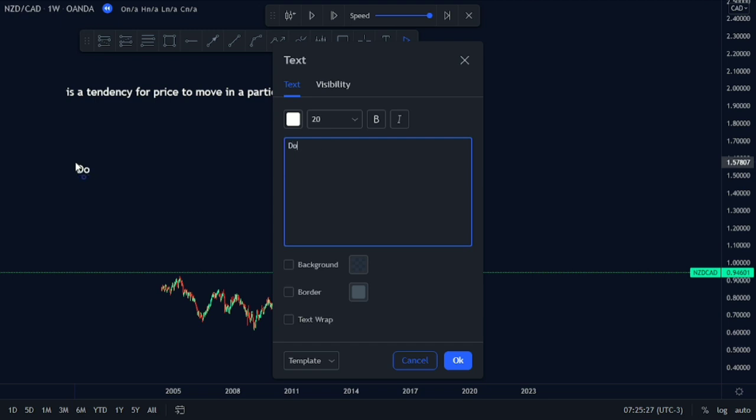A downtrend is basically the opposite of an uptrend. Because in a downtrend, you'll see price falling to the downside and making a sequence of lower lows and lower highs. So in this case, it keeps on giving us new lows as it keeps on breaking previous lows as it falls to the downside.